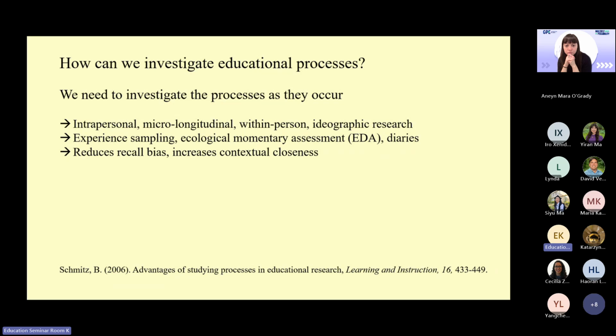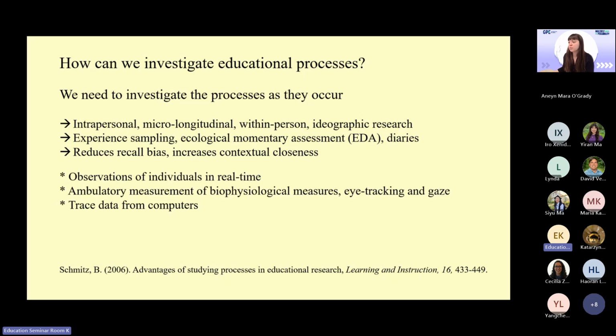What all these have in common is that they reduce recall bias and increase contextual closeness. We know from studies of memory that episodic memory is replaced by self-perceptions within a time span of about 24 hours. So we really edit the experiences that we have soon after they occur. We try to capture them as soon as possible.